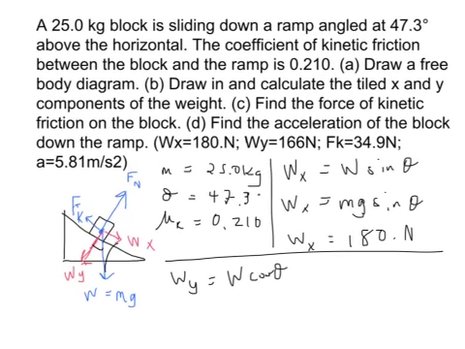So this is going to be mg cos theta. For m, you have 25. G is 9.81. Theta is 47.3. And Wy comes to a whopping 166 newtons. So there's parts A and B. I'm going to erase, and solve part C next.